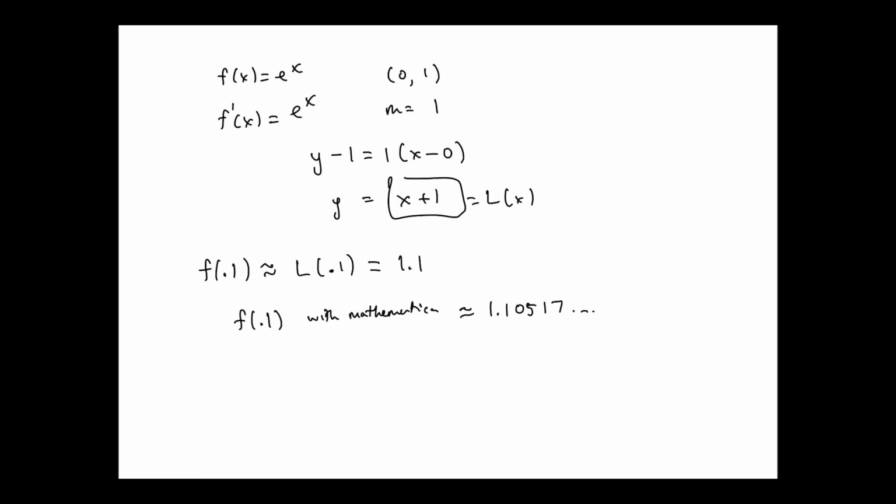But pretty close to 0, the point at which I constructed this tangent line, this is not all that horrible. And which one's easier to compute? Plugging things into this linear function or into something that's not linear? Clearly the linear function's easier to work with. Okay, good? All right, so let's flip over.